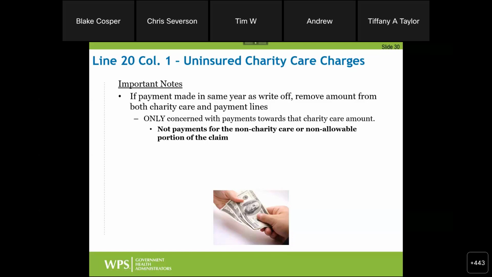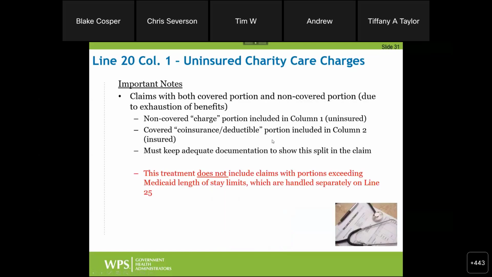But if that happened where you had the charity care and the payment against that charity care amount in the same year, they don't want to see either. They want them both removed from both listings. The only time you should ever have a payment is when the charity care was written off in a prior year and now the patient made a payment against it and you accepted it. So that's an important note there.